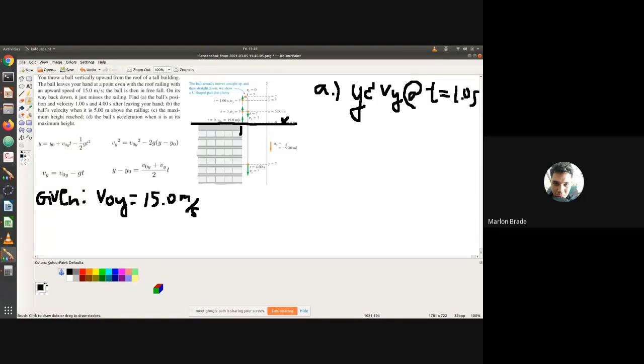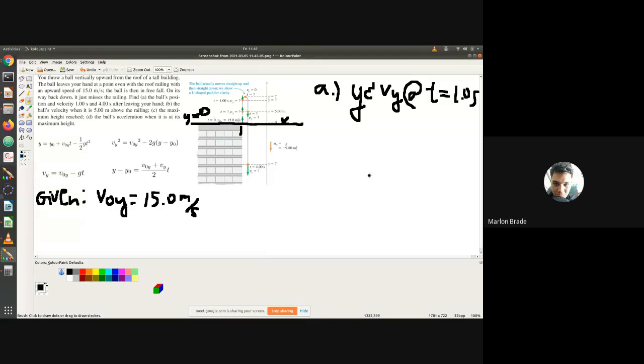Remember ha, kining linya nga itom dire sa building, akong gibutang nga y equals 0. So this is y equals 0. Kining itom sa babaw sa building rooftop mao na ang y equals 0.